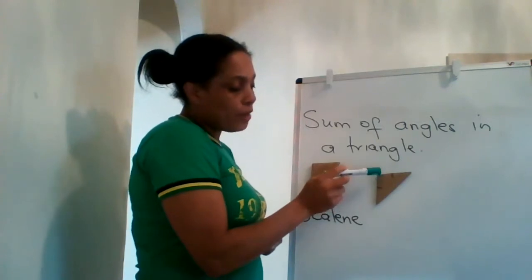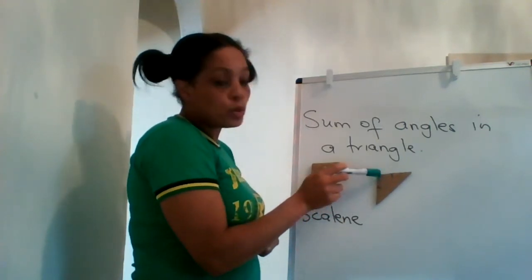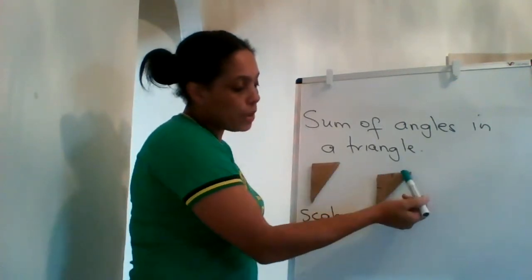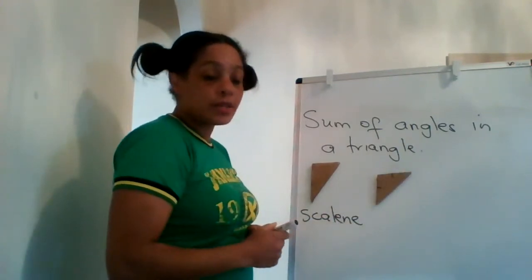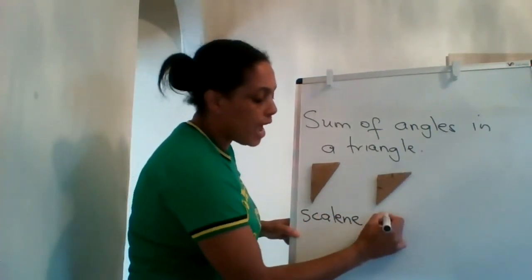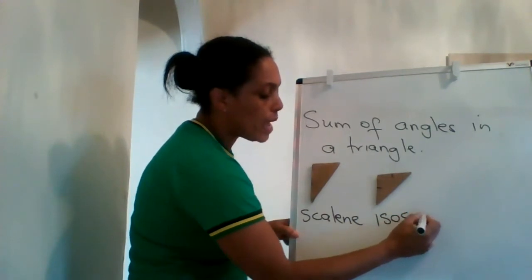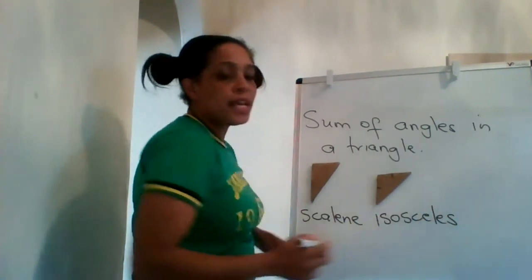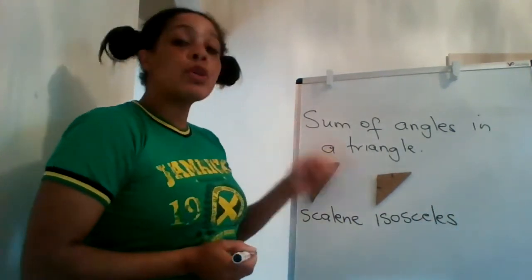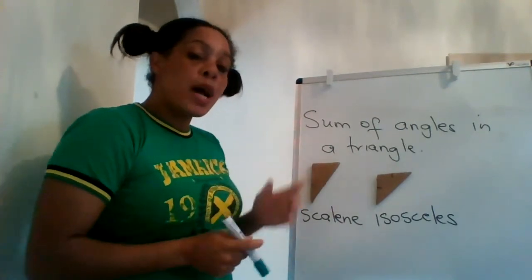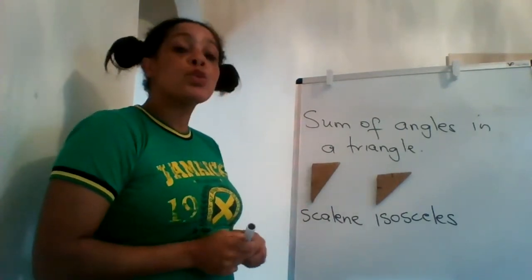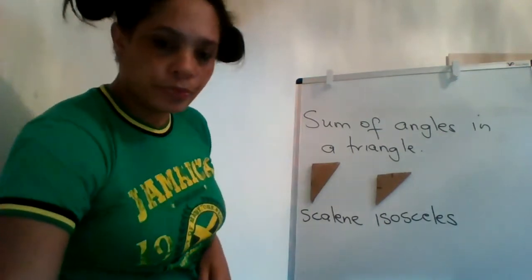So here we have the angle that is between the 2 lines there, the one that's different. These 2 base angles there are the ones that are the same. So here we have an isosceles triangle, ISOSCELES. An isosceles triangle where we have 2 sides that are the same, 2 angles that are the same. So 2 sides and 2 angles are equal.